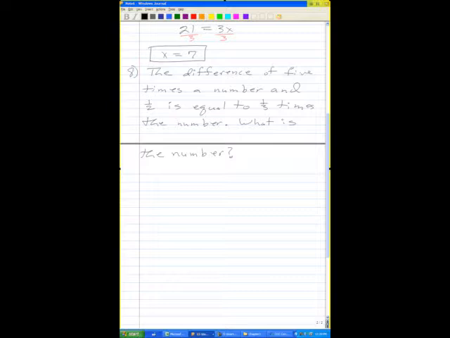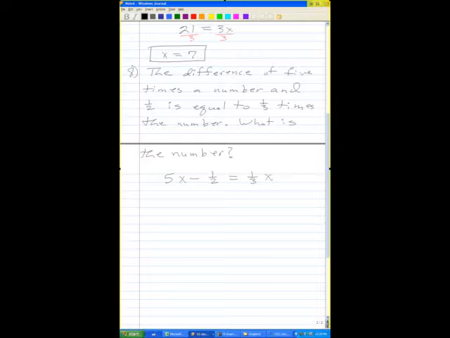Okay, so let's do that. So the difference, well, it's a minus, of 5 times the number, 5x, and 1/2 is equal to 1/3 times the number. And so 5x minus 1/2 equals 1/3 x.